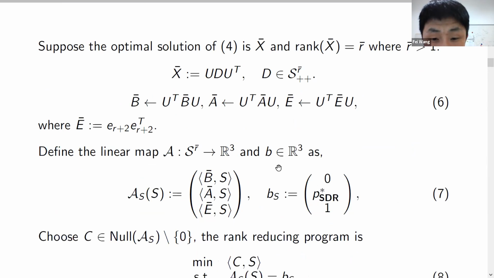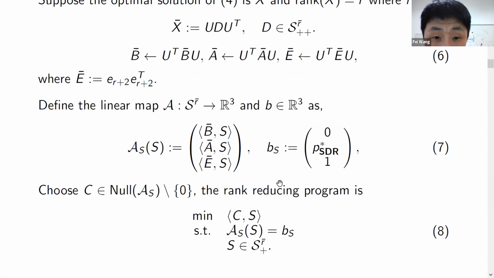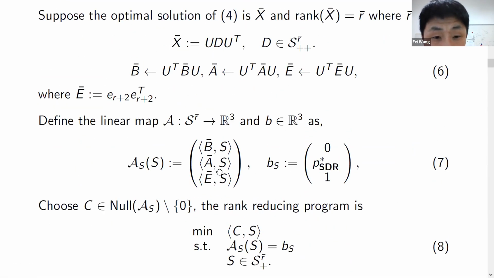The idea is simple, right? We just add a new constraint: A bar S equals the optimal value of SDR. By applying this constraint, we are restricting the problem to the optimal set, because this is exactly the optimal value of the SDP problem.